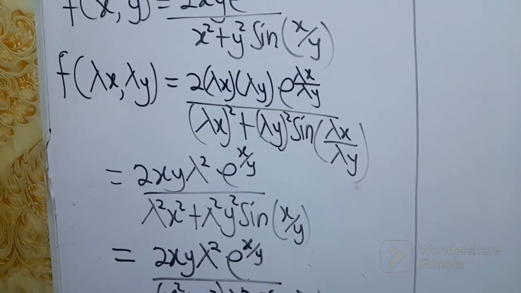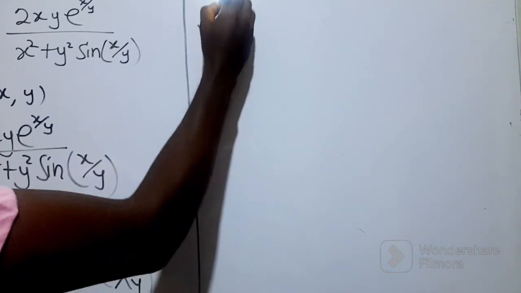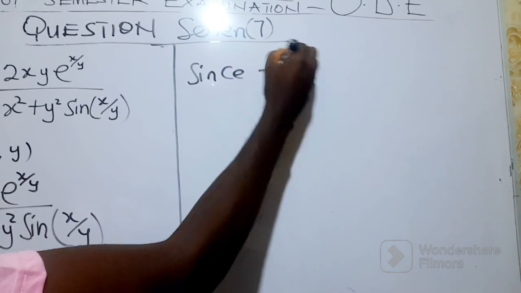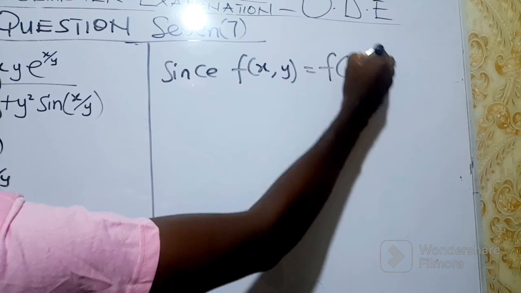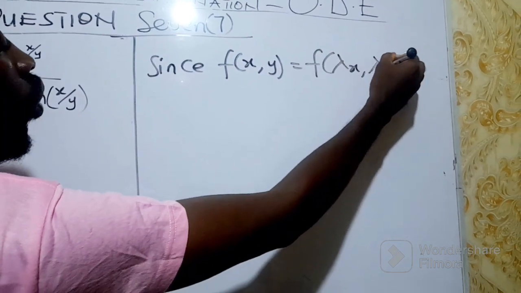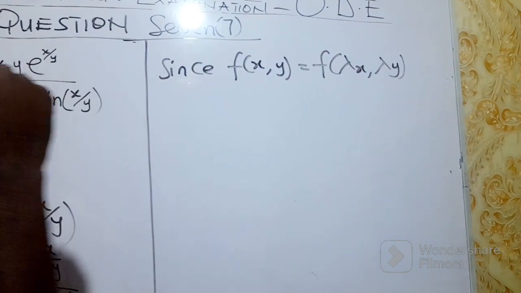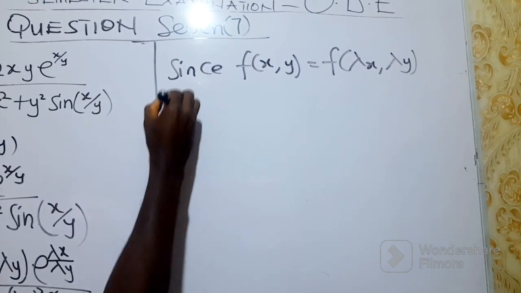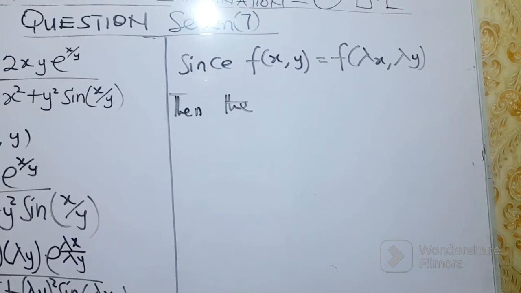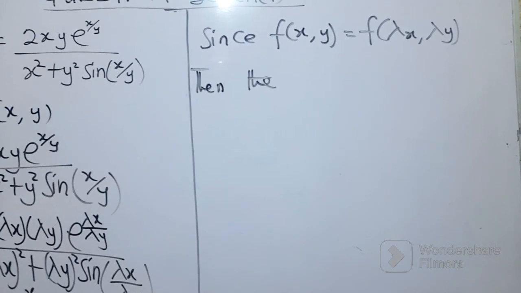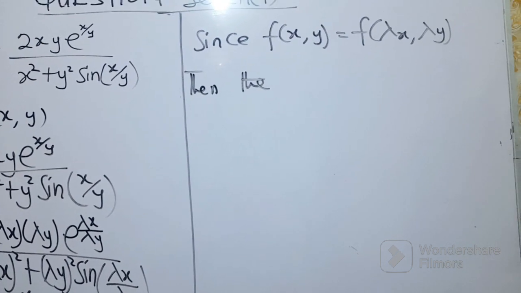So we can say that since f of x, y is equal to f of lambda x, lambda y, then the function, remember, is having a degree. The degree here, remember, since there is no lambda, that means the degree is 0.